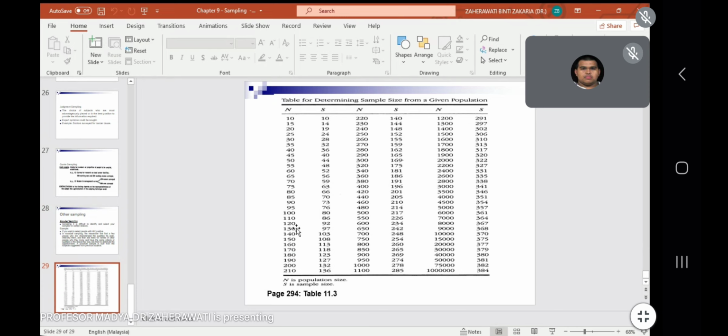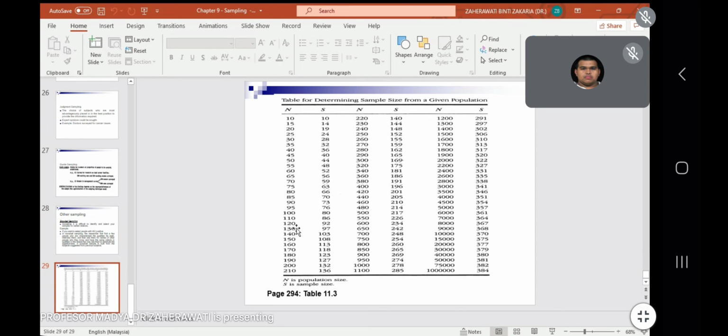But if you have, let's say, a population of 1,000, based on Roscoe it is just okay from 30 to 500, so you can choose 100. But from Sekaran, if 1,000, you can see that 1,278 is quite a big sample size.